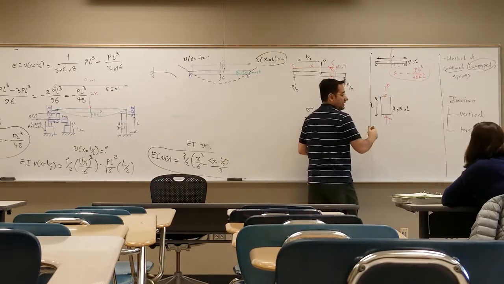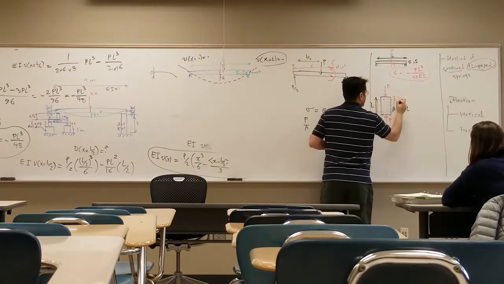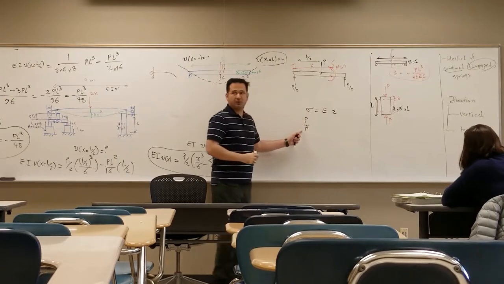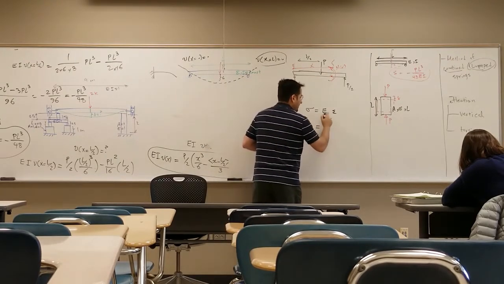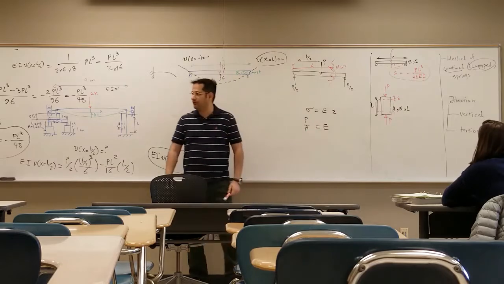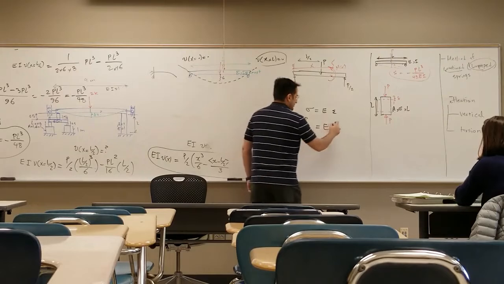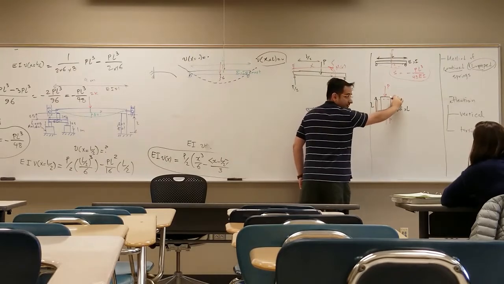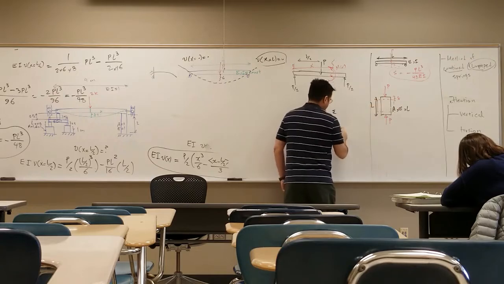And the cross section is A. So this is going to be formed like that, right? And this is your delta. So sigma is equal to P over A, is equal to E, which is right here, times epsilon. What's your rate for epsilon? Delta, you see? The absolute deflection divided by initial length, L.